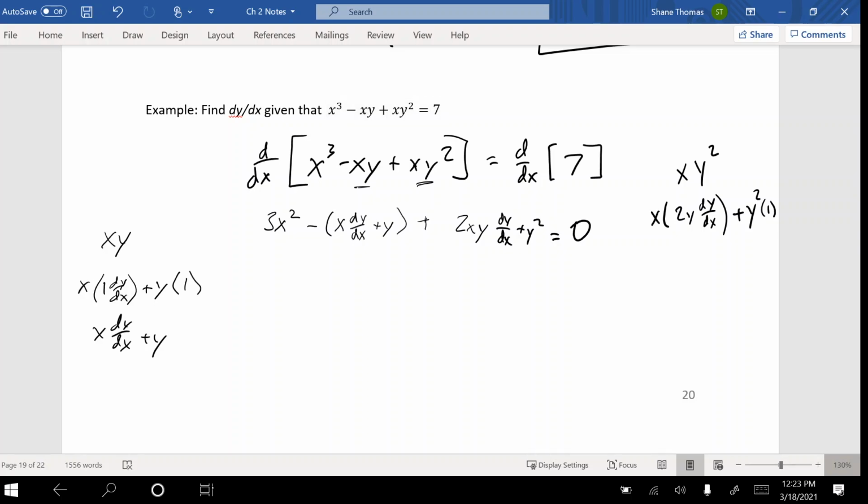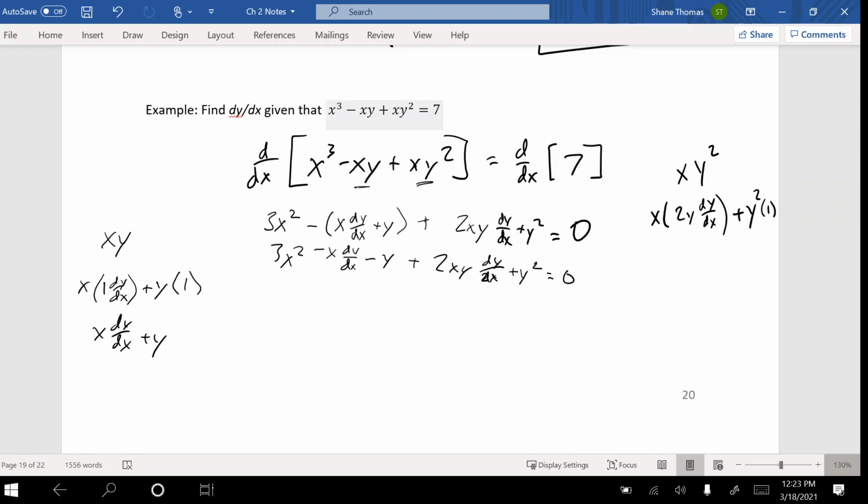All right, so I'm going to go ahead and just distribute that negative sign in that middle term. You guys all right with that? Okay, so I'm going to distribute this, so that'd be negative x dy/dx minus y. My handwriting is really bad today.